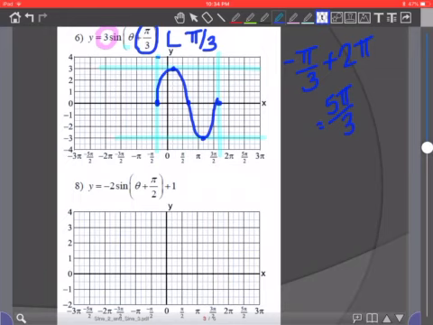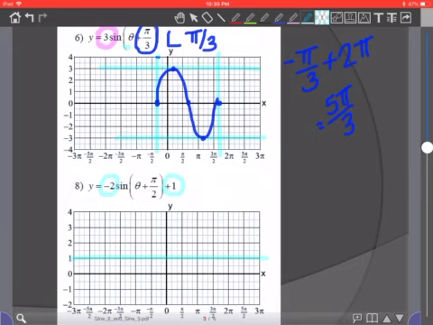Okay, number 8. If there is a value over here that is our D value, you need to start with that. So that +1, go +1 on the y-axis and draw your new sinusoidal axis. Also, we have a 2 out front, which is going to change the amplitude to 2.